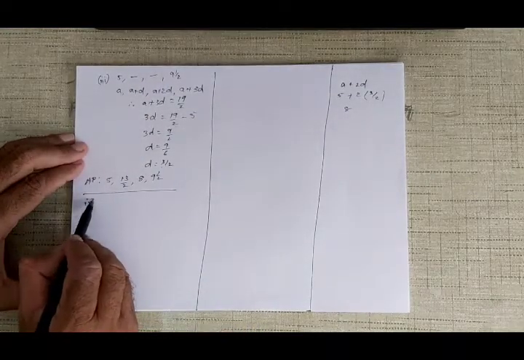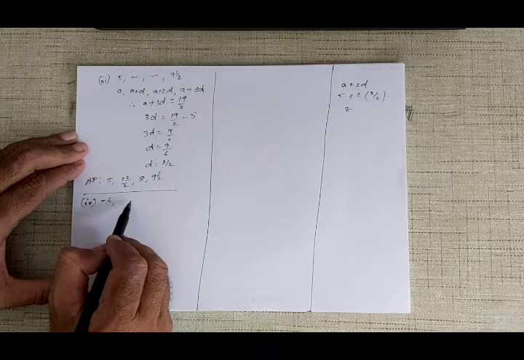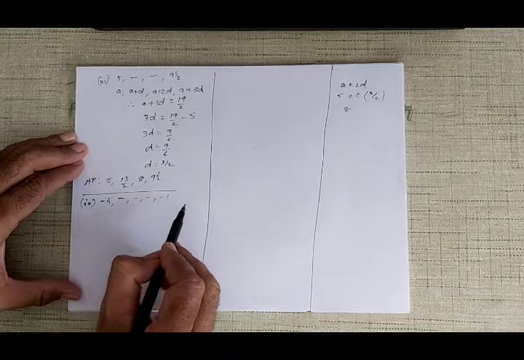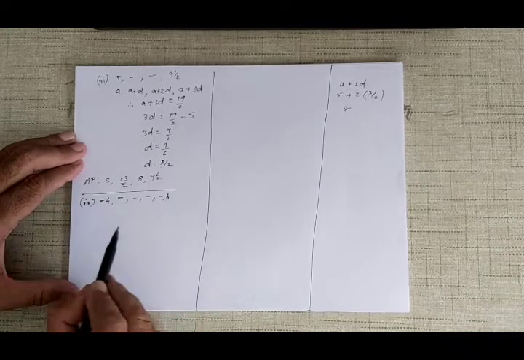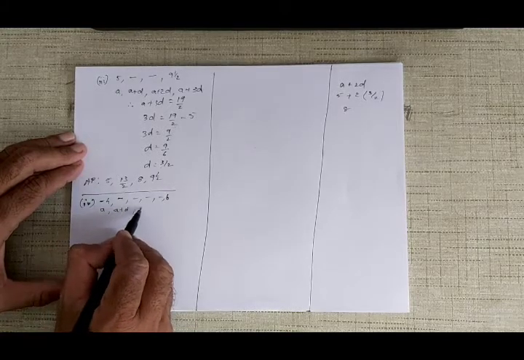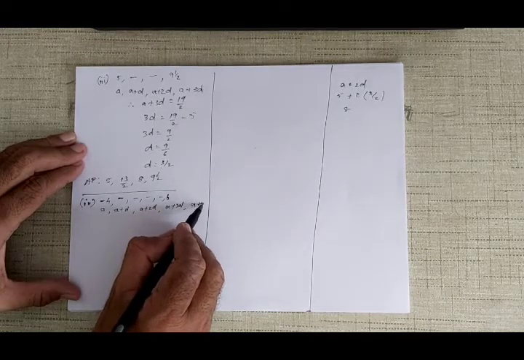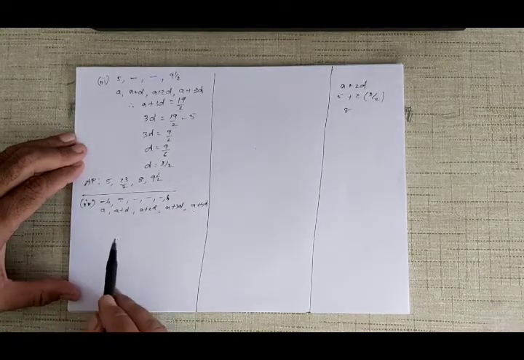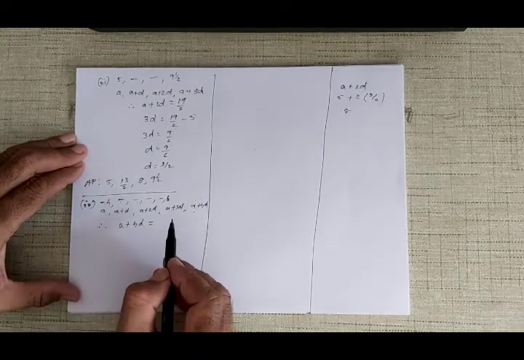So you can see these are not very difficult, you just have to use a little bit of what you have learned. Now see, first we have minus 4, after that 4 blanks, and then 6. So this is A, A plus D, then A plus 2D, A plus 3D and A plus 4D. Which term will A plus 4D be? 1, 2, 3, 4 and 5, the fifth term. So A plus 4D is the fifth term, given as 6.